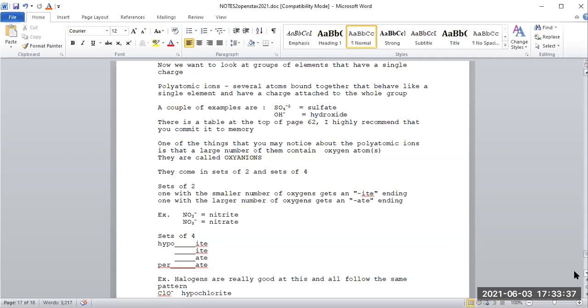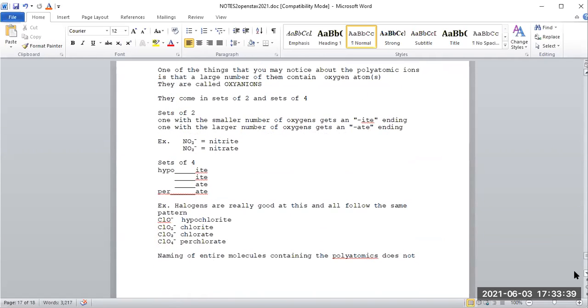So let's talk about the ones that occur in twos to start with. The blanket rule says the one with the smaller number of oxygens gets an ITE ending, and the one with the larger gets an ATE ending. So I gave you NO2 and NO3.